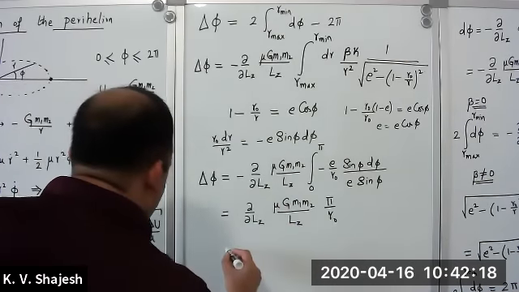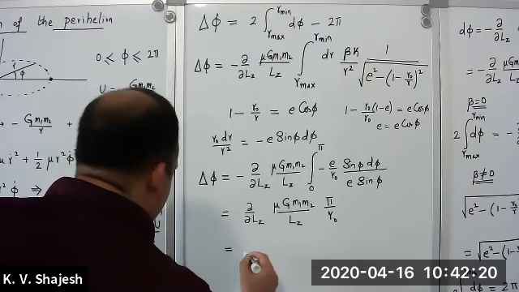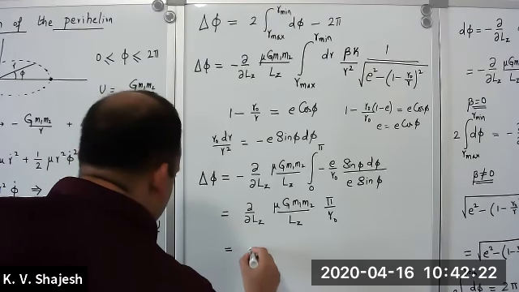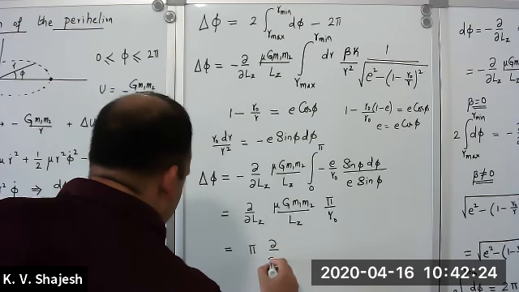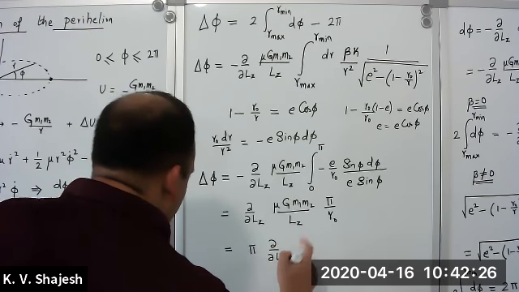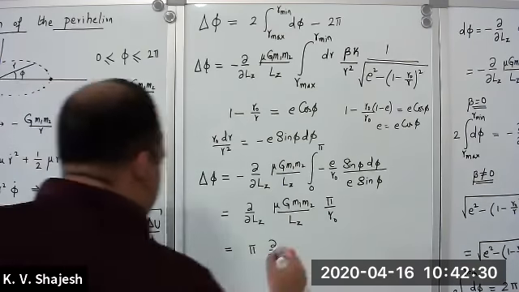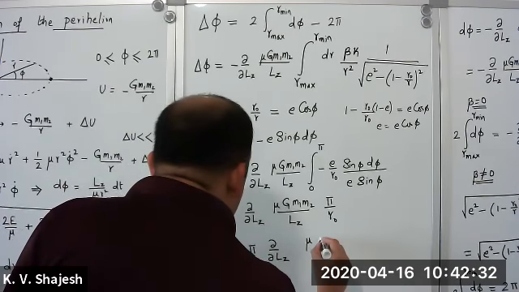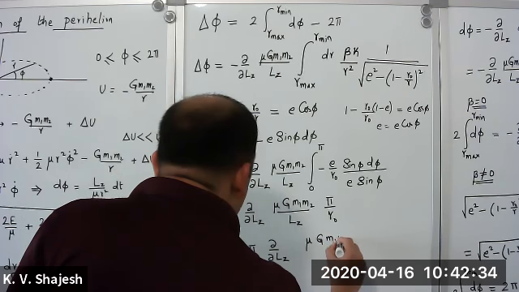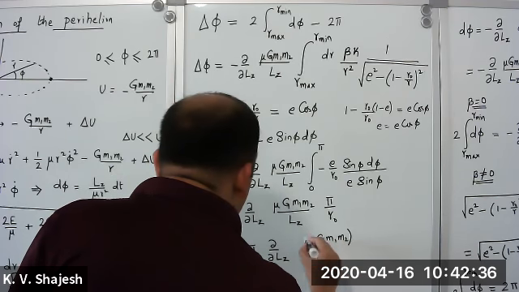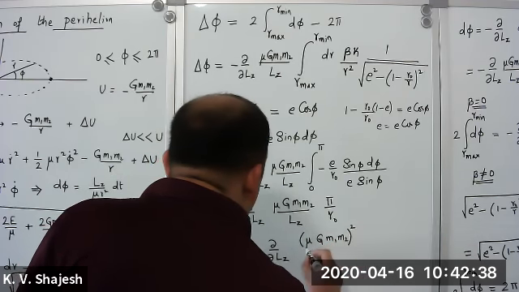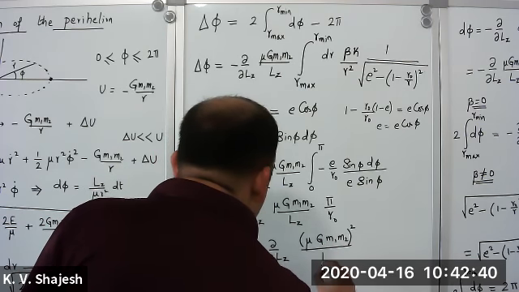So this is equal to pi times d by d lz. Again, I think that's correct. So this is mu G M1 M2 square now over lz cube.